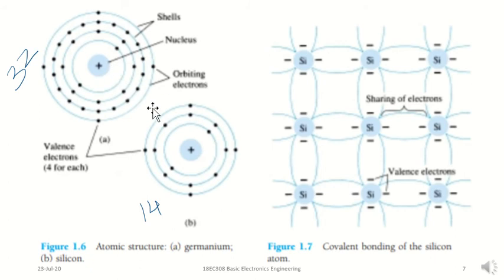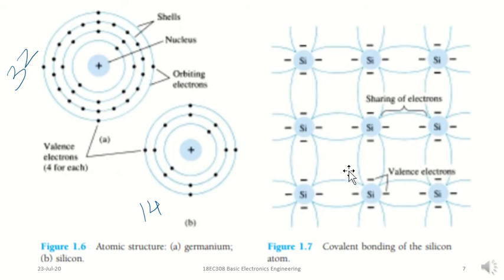In both germanium and silicon, the outermost shell is the last shell. This shell is also called the valence shell, and the electrons present in the valence shell are called valence electrons. How many valence electrons are there? 1, 2, 3, 4. Similarly here, 1, 2, 3 and 4. So both germanium and silicon have 4 valence electrons.